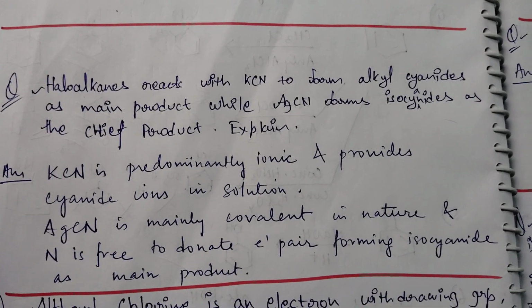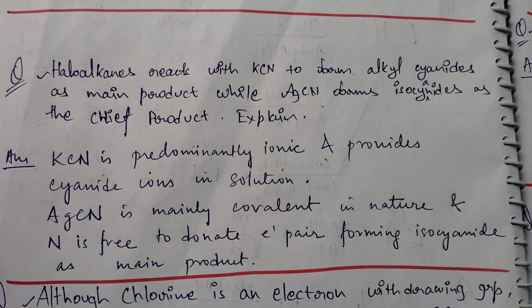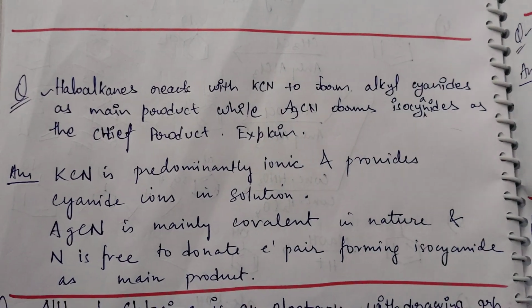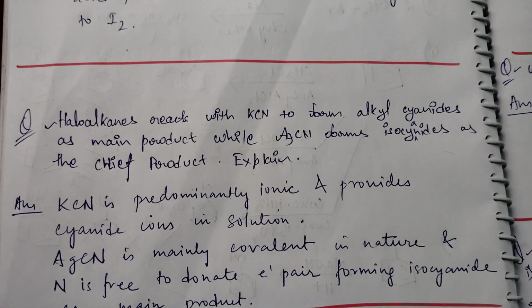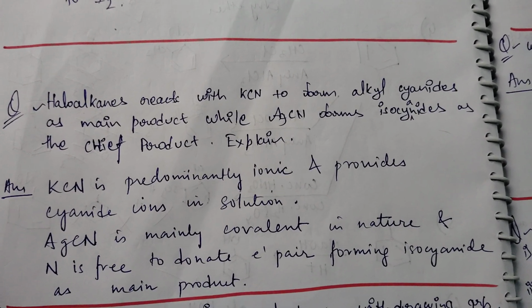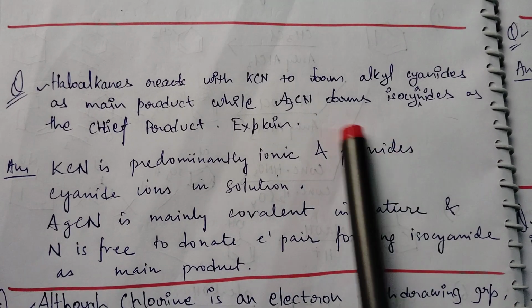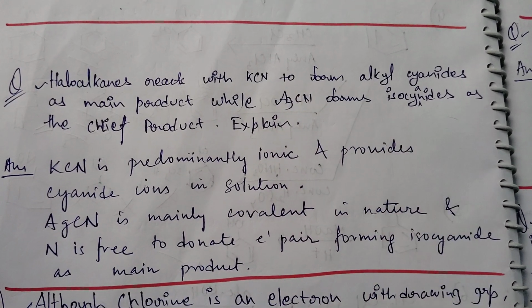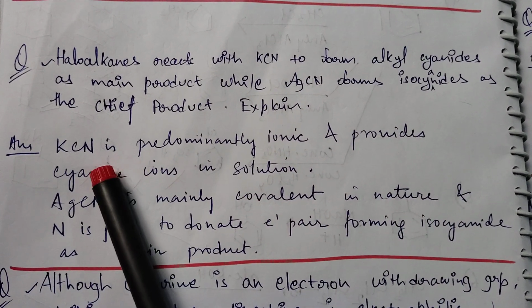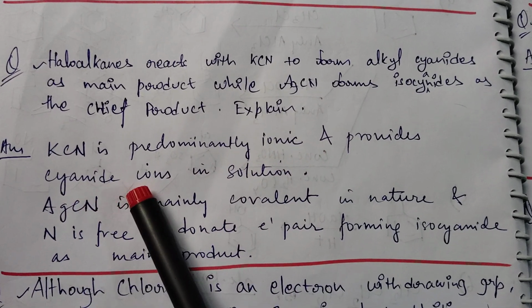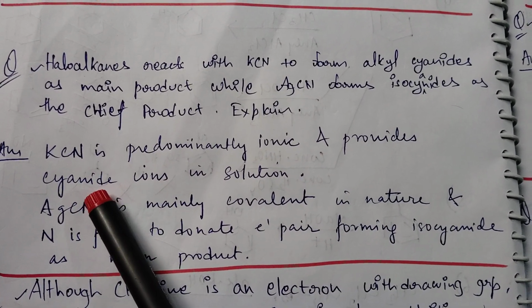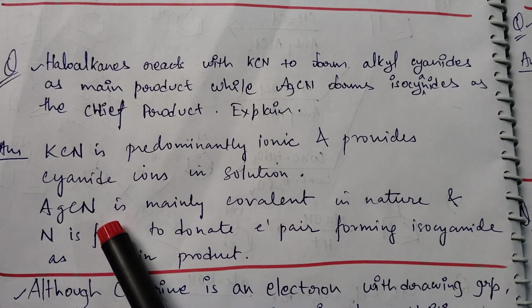Next question. When haloalkane is treated with KCN, it forms alkyl cyanide as the main product, while when it is treated with AgCN, isocyanides are formed. So the answer is, KCN is ionic. When you put it in water, cyanide ions are formed, so cyanide does the substitution reaction.